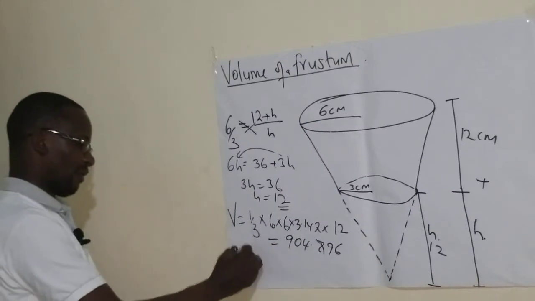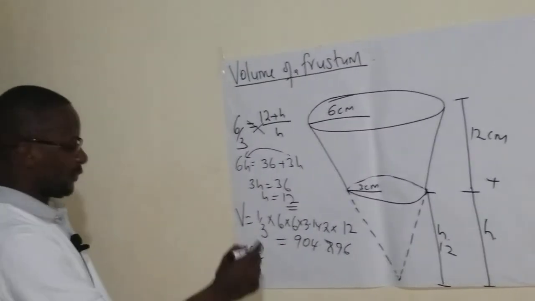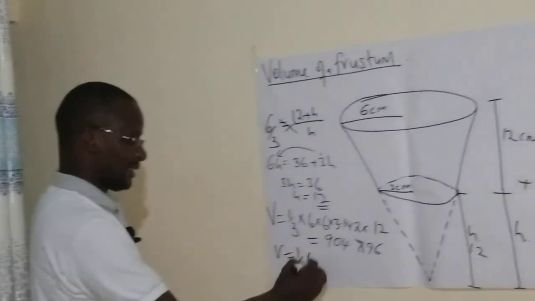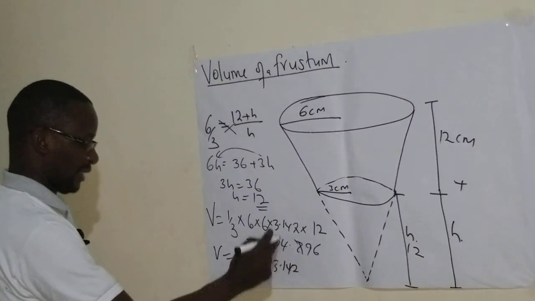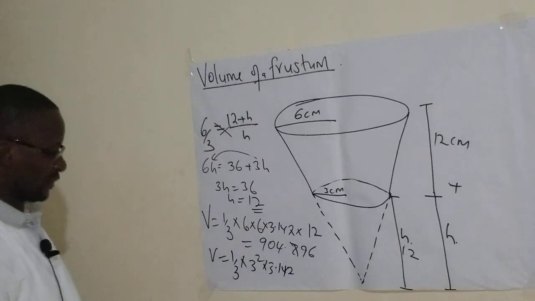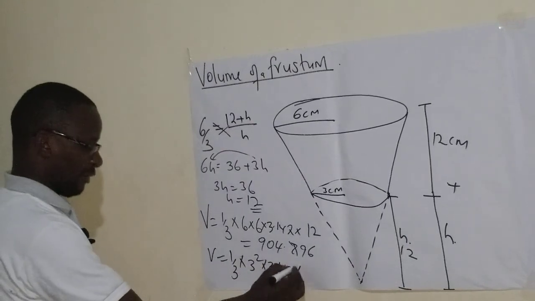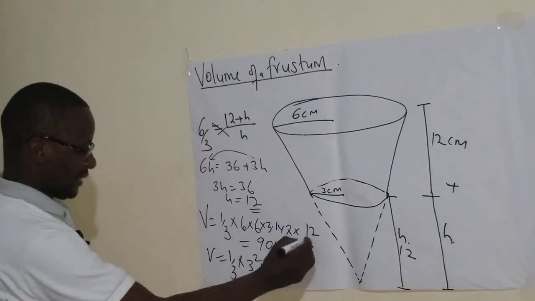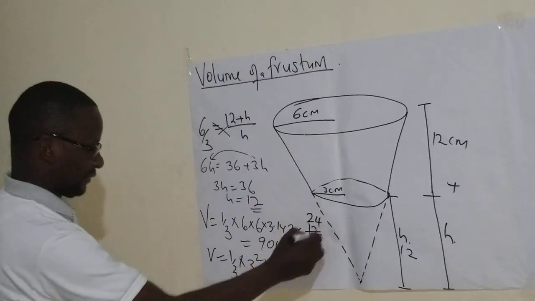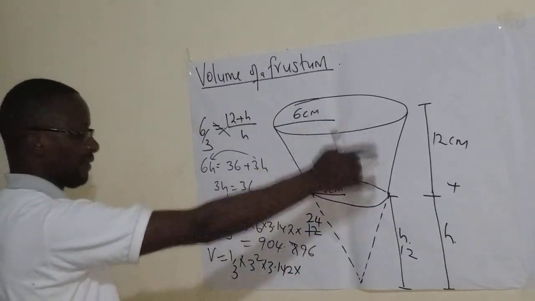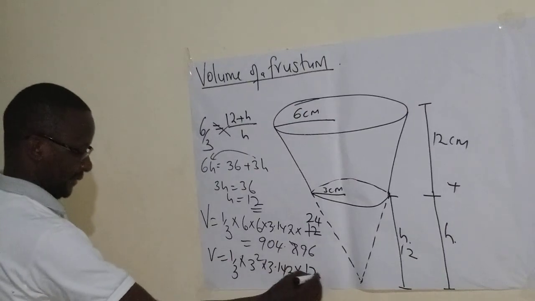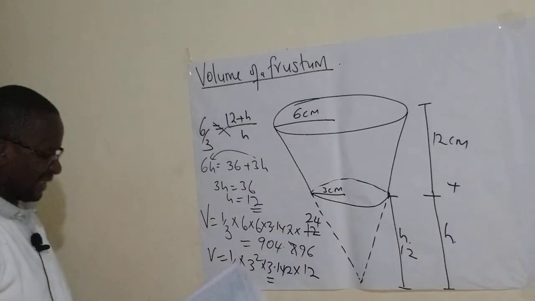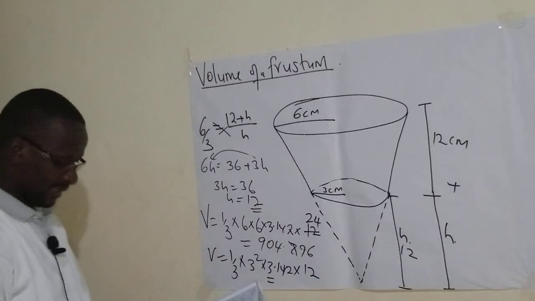Then the volume of the smaller cone will be again a third times 3 squared times the same pi. Don't mix two pi's in the same question. Multiply by height. Sorry, this was supposed to be height 24. Sorry for that, because the height of the big cone is 24, not 12. 12 is the smaller one.